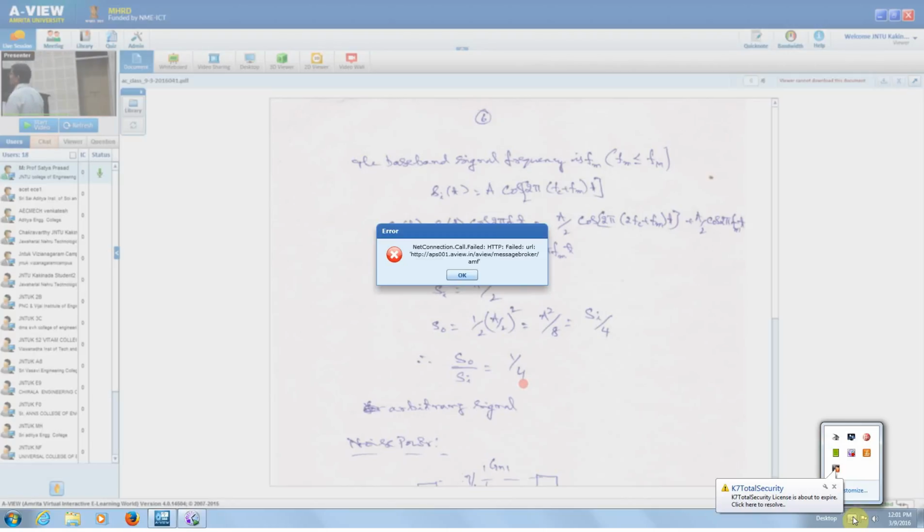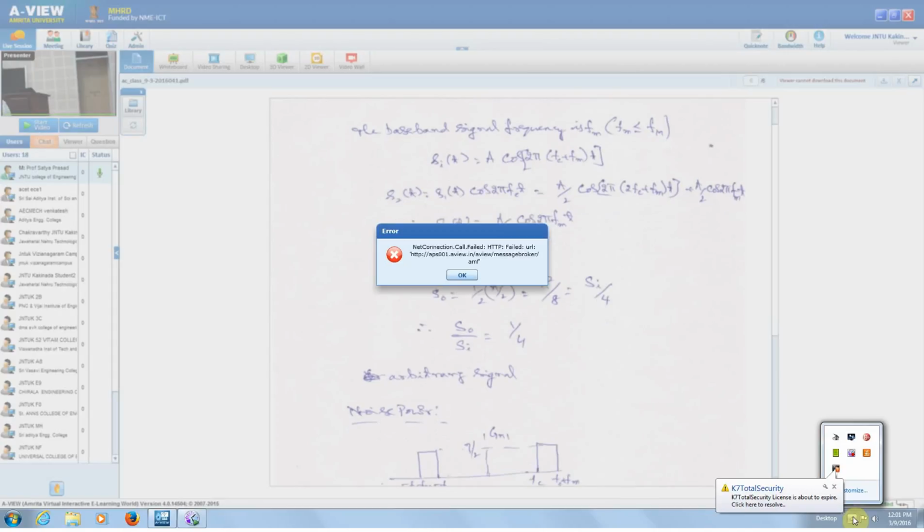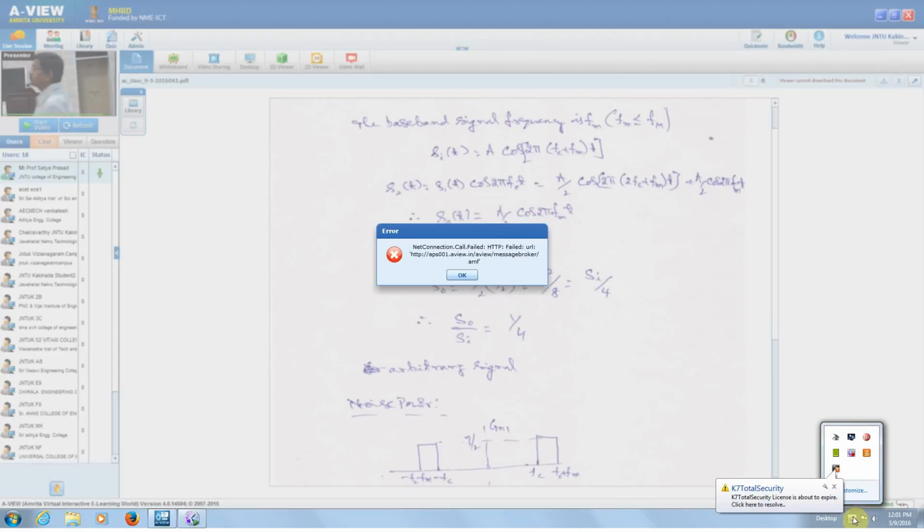Whereas your carrier frequency FC is constant, only FM is arbitrary. Therefore, S0 by SI is maintained for any arbitrary signal also, even though we have taken a single tone frequency component for analysis purposes. Therefore, for your SSB signal, S0 by SI gives you 1 by 4.